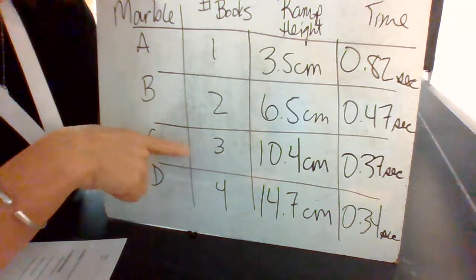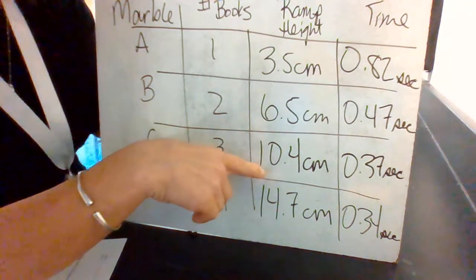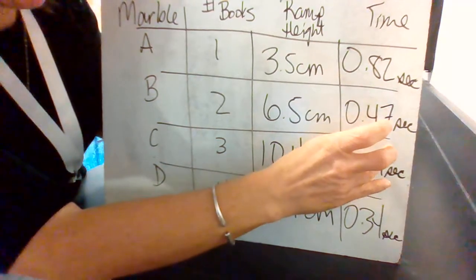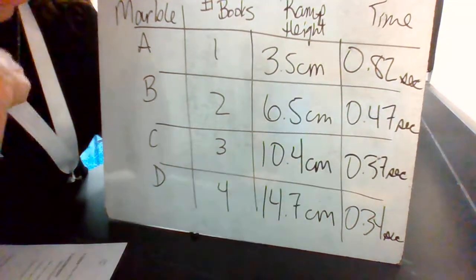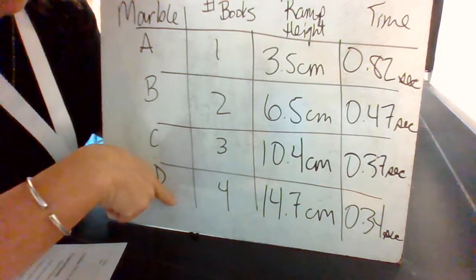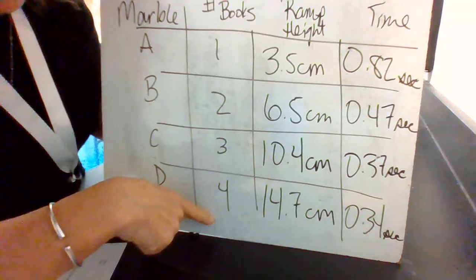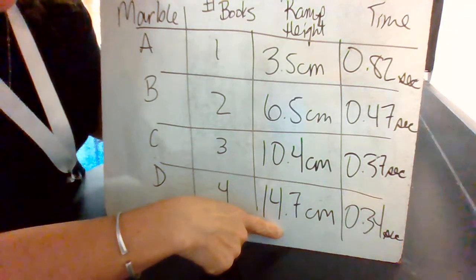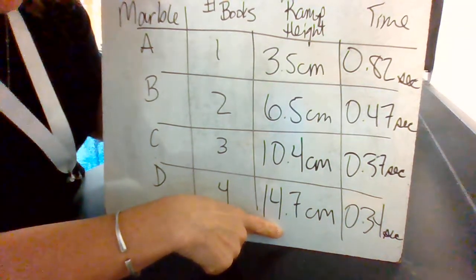Marble C was on 3 books. A ramp height was 10.4 centimeters. And its time was 0.37 seconds. Marble D, ramp height was on 4 books. That ramp was 14.7 centimeters tall.